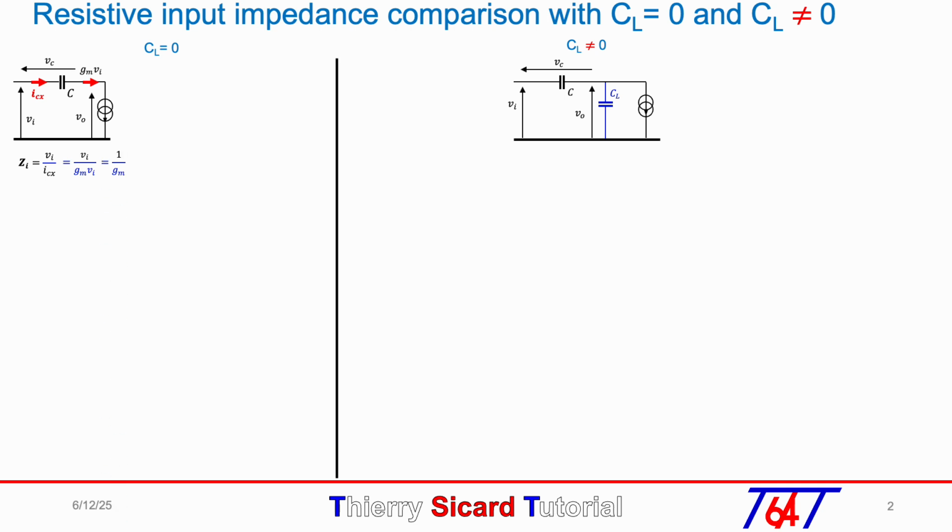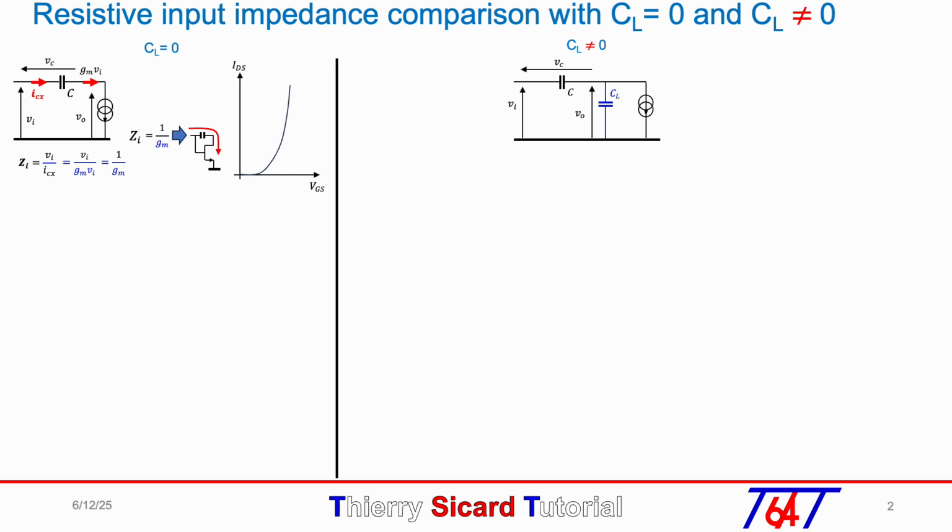So ICX can be replaced in the equation by Gm Vi, and the input impedance is equal to 1 over Gm. The impedance 1 over Gm is the impedance seen on the source of the NMOS, or the impedance on the gate input if all the drain current comes from the input.